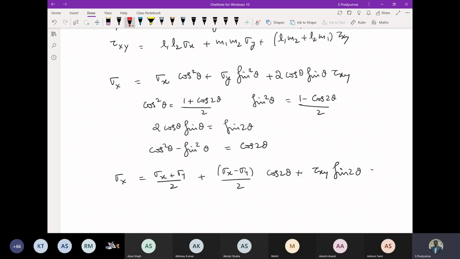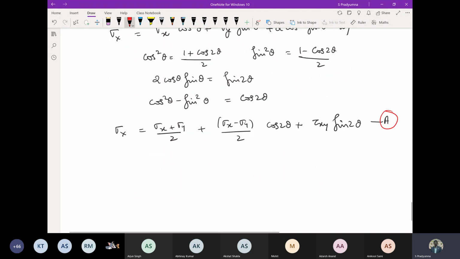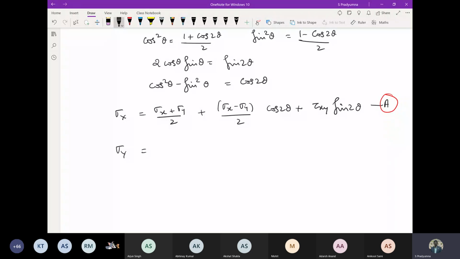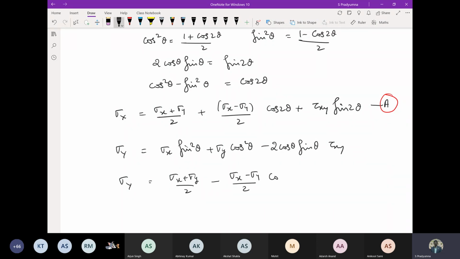This I call equation A. Similarly, I can write the sigma y equation as sigma x sin square theta plus sigma y cos square theta minus 2 cos theta sin theta into tau xy, which is equal to (sigma x plus sigma y) by 2 minus (sigma x minus sigma y) by 2 cos 2 theta minus tau xy sin 2 theta. Call this equation B.